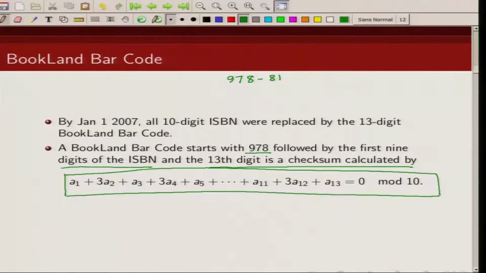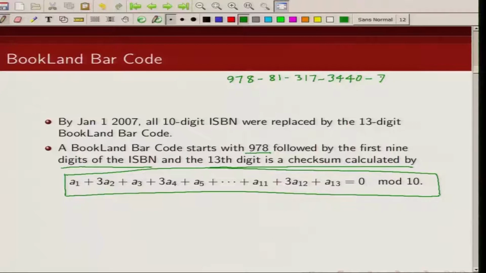9788131773440. So, this is the 13-digit number, the ISBN number, the 13-digit Bookland barcode number of this textbook that we are using.